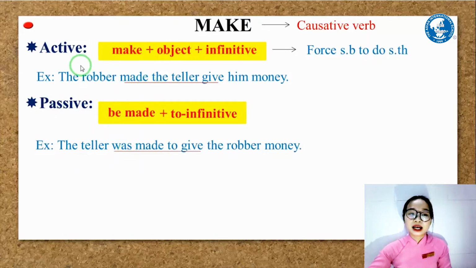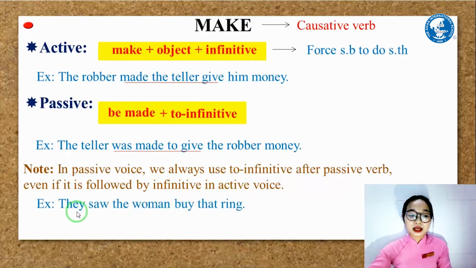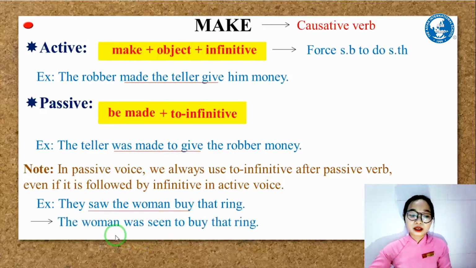So you can see that in active voice, make goes with object and infinitive, and in passive voice, made goes with to infinitive. So note that in passive voice, we always use to infinitive after the passive verb, even if it is followed by infinitive in active voice. Another example: they saw the woman buy that ring. Change it to passive voice: the woman was seen to buy that ring.